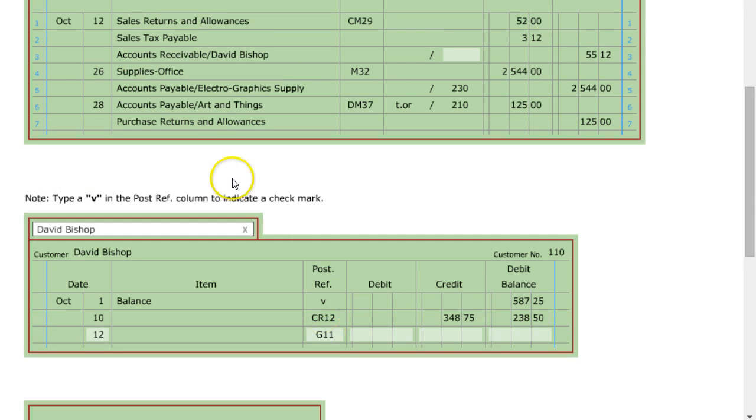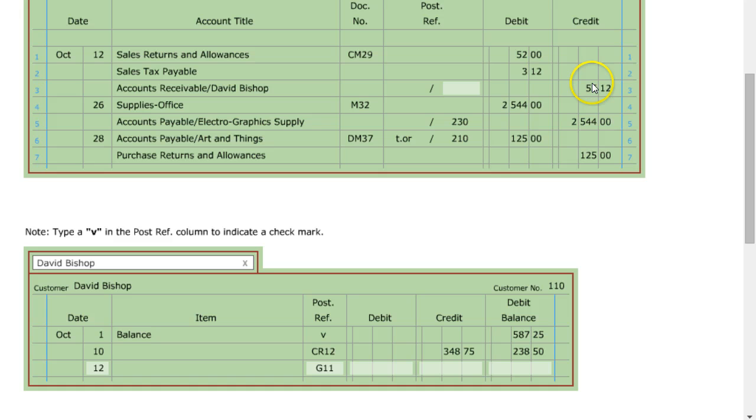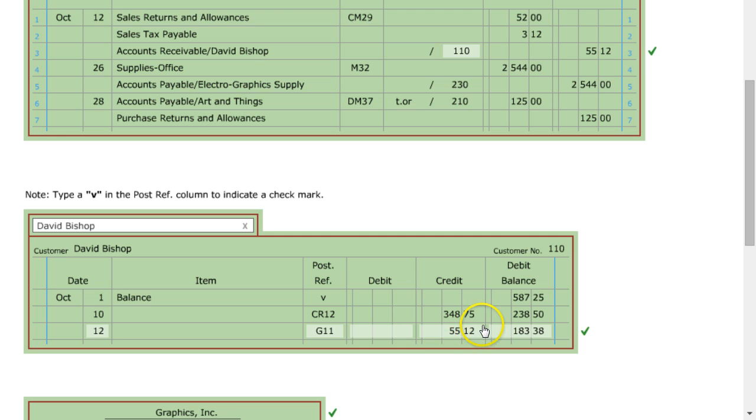Typically, for this transaction, we'd be posting each of these individual accounts first, then posting to accounts receivable and then David Bishop to the accounts receivable ledger. You'll notice that this 5512 is credited, so we're going to credit 5512 here. Remember, it has a debit balance but you're crediting it, so opposite, subtract, so it should be 183.38.